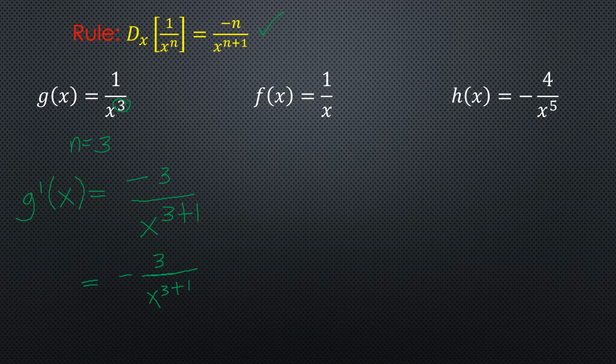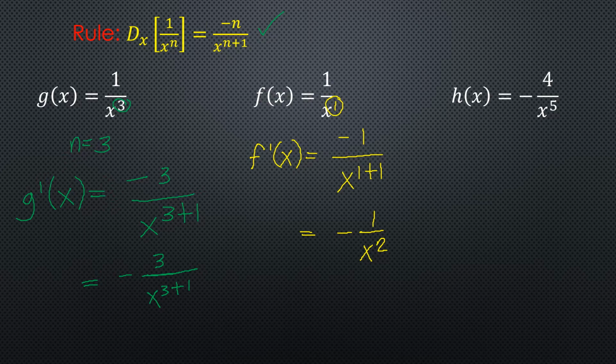Next, we have f of x is equal to 1 over x. The exponent is 1 here. Okay, so we have f prime of x is equal to negative 1, where n is equal to 1 because the exponent is 1, over x raised to 1 plus 1. So we have negative 1 over x squared.